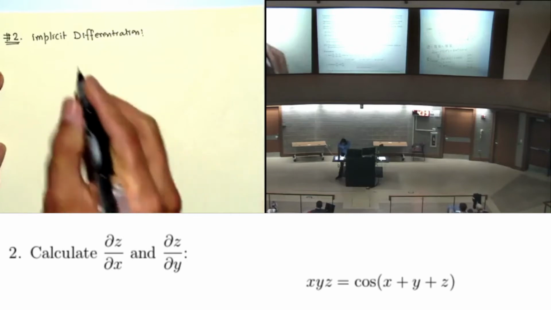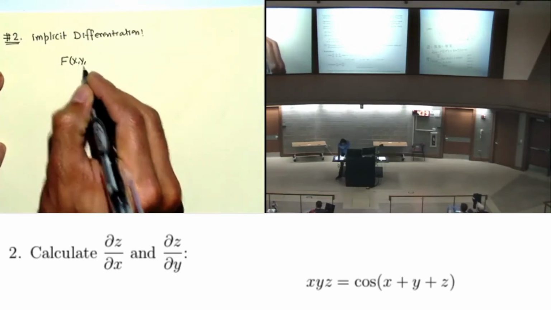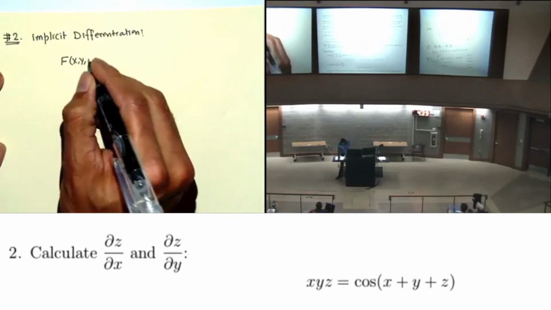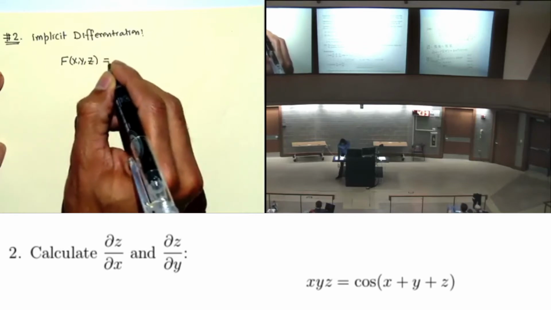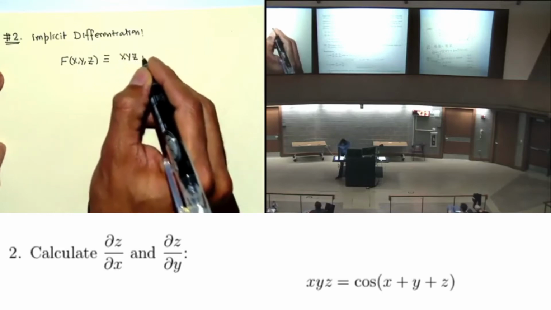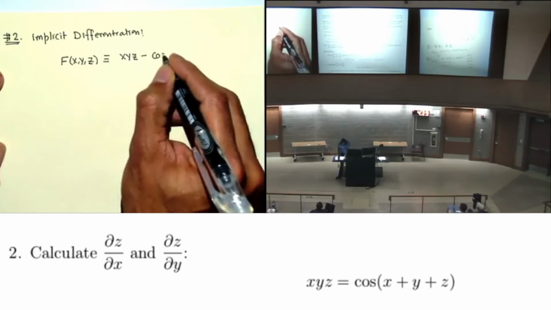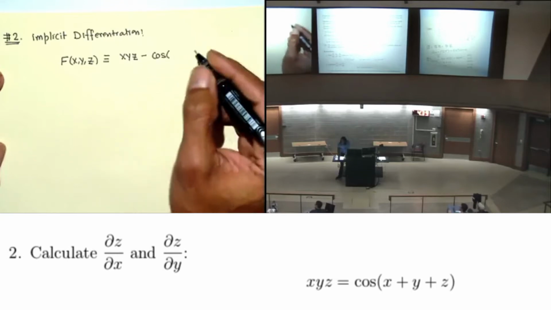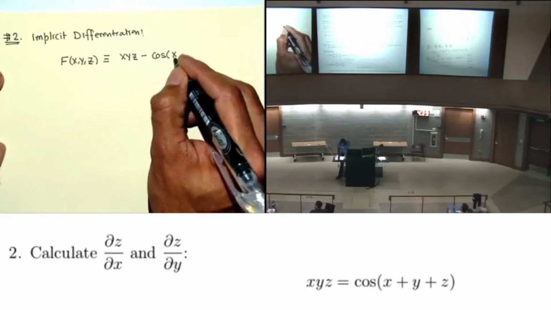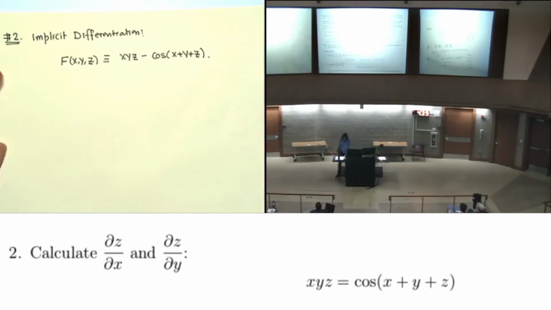The relation f of x, y, and z we have is xyz minus cosine of x plus y plus z. So this is the implicit relation.